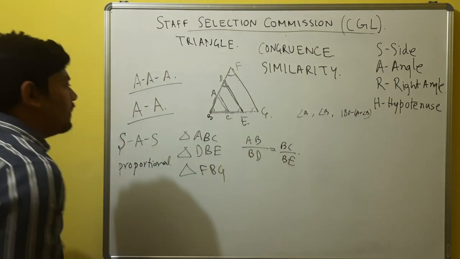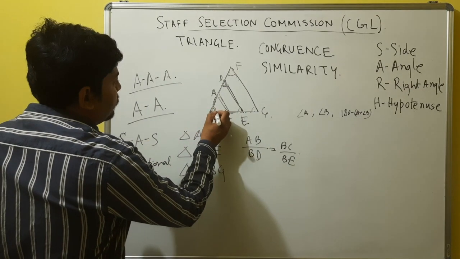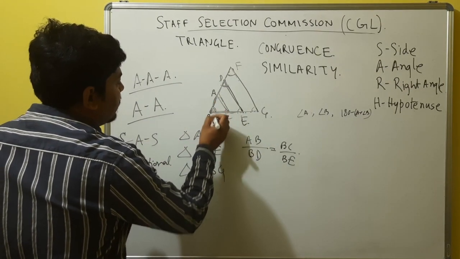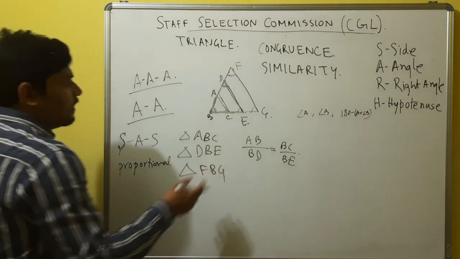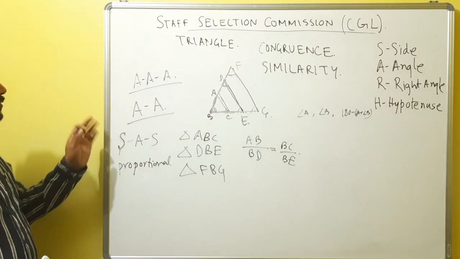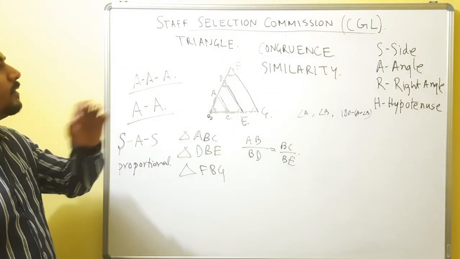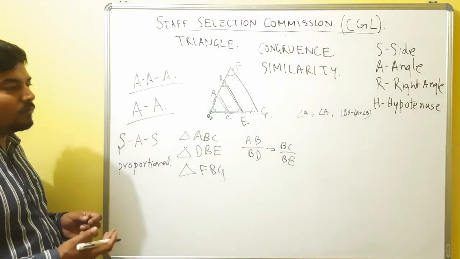If they are proportional and the angle is the same, angle B, ABC or DBE, the same angle for both, then we call these two triangles similar, they have similarity or they are similar to each other.